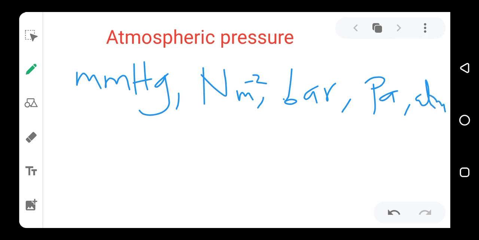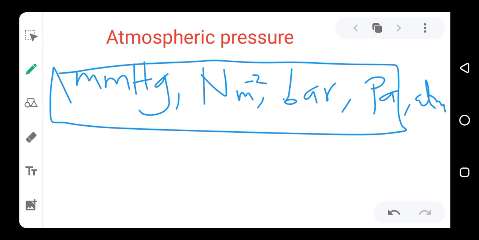We also have units of pressure in ATM, but the common ones we measure atmospheric pressure with are millimeter mercury, Newton per meter squared, bar, and Pascal. Although we also see atmosphere, ATM, frequently.